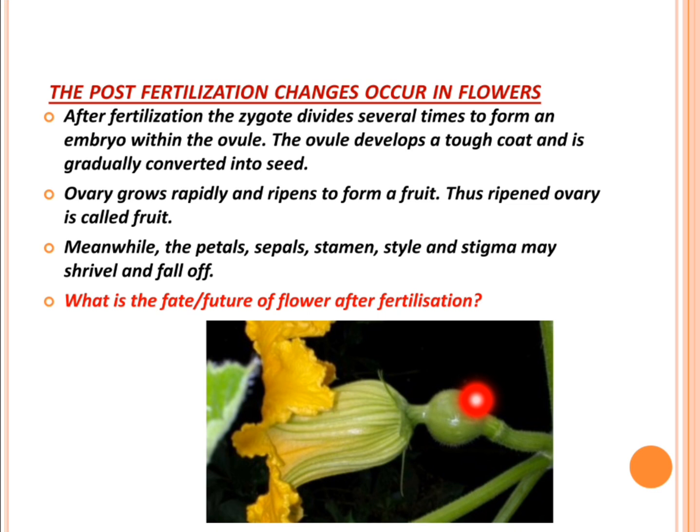Like in brinjal, you see the green part as a cap of the brinjal fruit. That is the sepal, which may persist even after fertilization, but mostly after fertilization all floral parts shrivel off and fall off. So this is the future of the flower after fertilization.